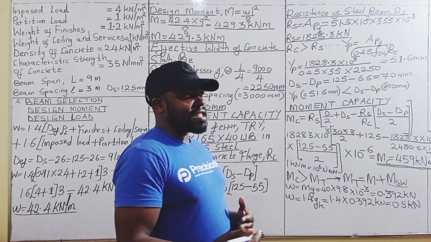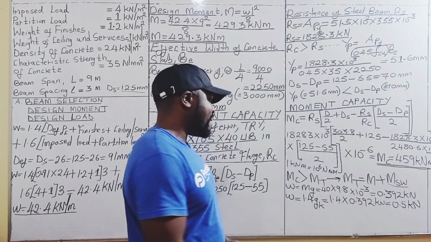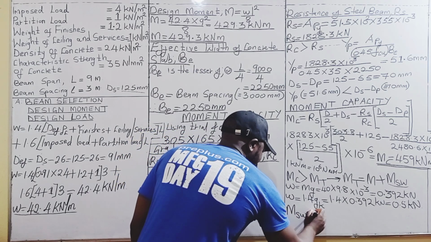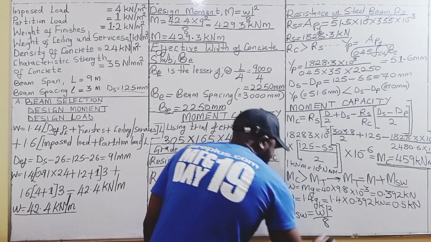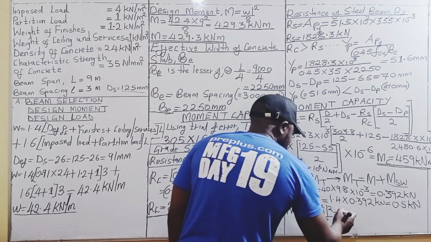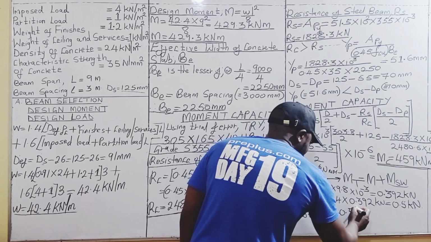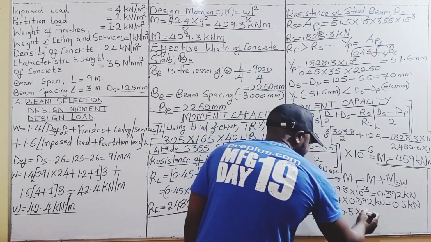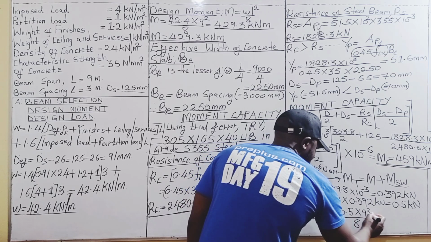And since self-weight is distributed throughout the entire beam section, the moment due to self-weight will be given by WL squared divided by 8. And therefore, this is going to be W, which is 0.5 kilonewtons, multiplied by L, which is the beam span, 9 squared, divided by 8.